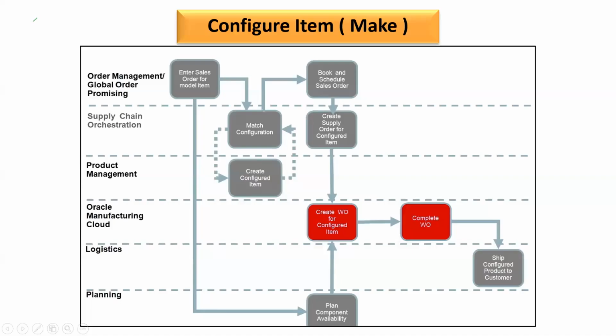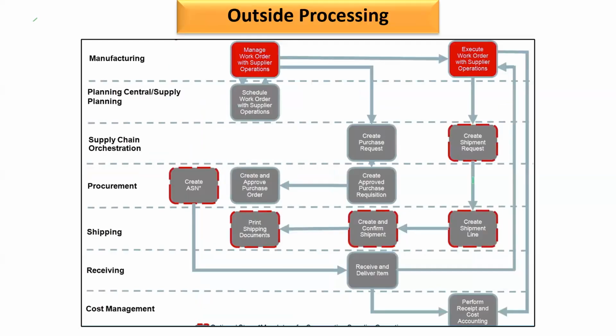Yes, it will support it. We will see this as part of the CTO process, and we will discuss ATO, PTO, and kit also. Then it will support outside processing. In outside processing, I perform all the operations in my warehouse, but on one or two operations I am not specialized.